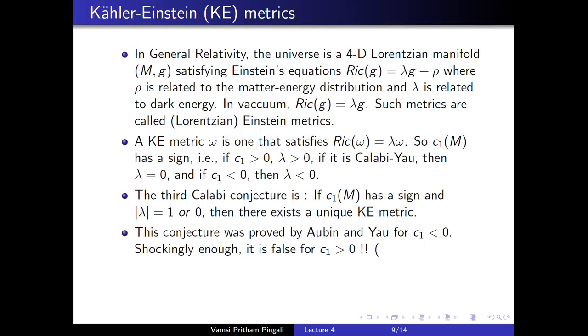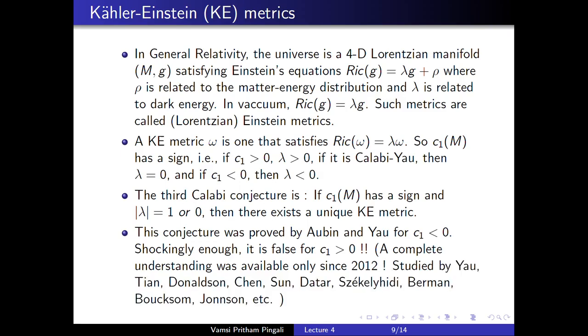It's called K-stability. Now all of that, a complete understanding that K-stability is equivalent to the existence of a Kahler-Einstein metric on Fano manifolds, was available only since 2012, whereas Yau and Aubin did their work a billion years ago.